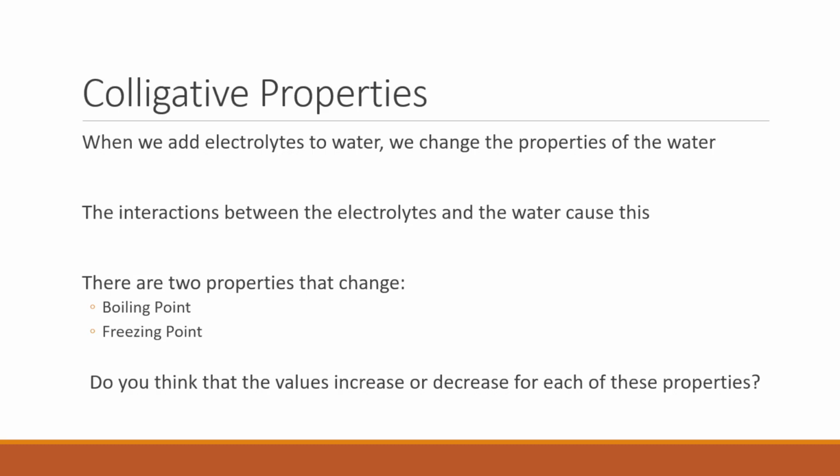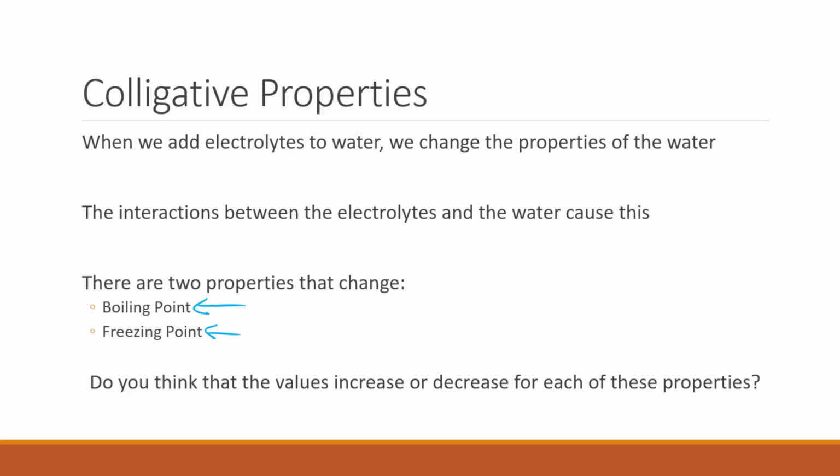We are going to focus our attention on two different properties. We are going to look at boiling point, and we are going to look at freezing point. Now, take a second and make a prediction. What do you think is going to happen to the boiling point and freezing point? Are they both going to increase?